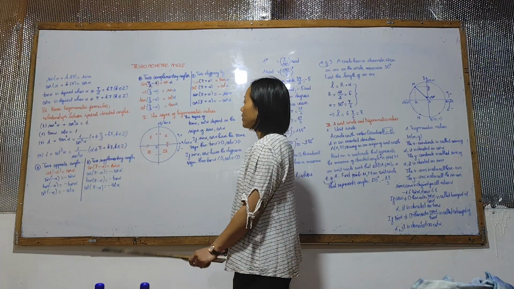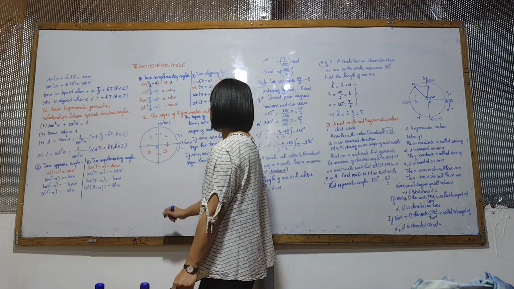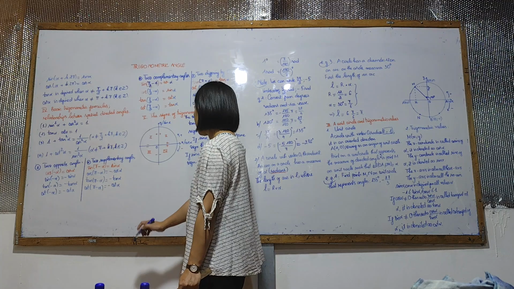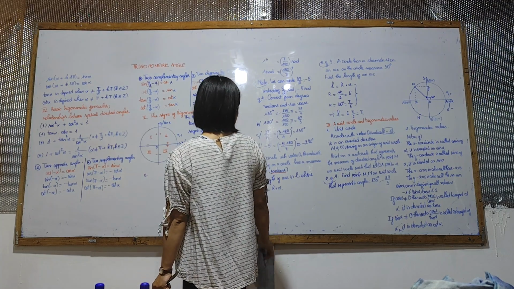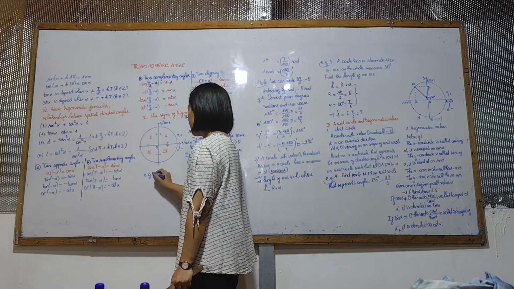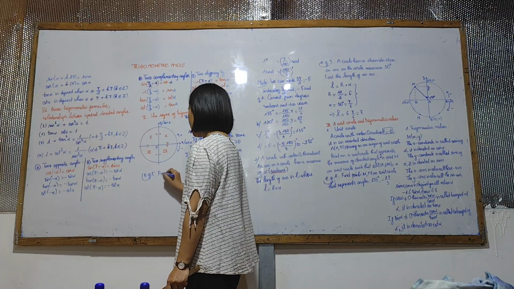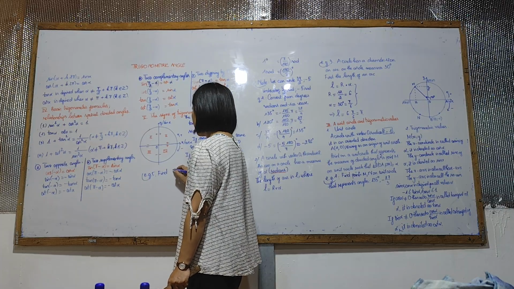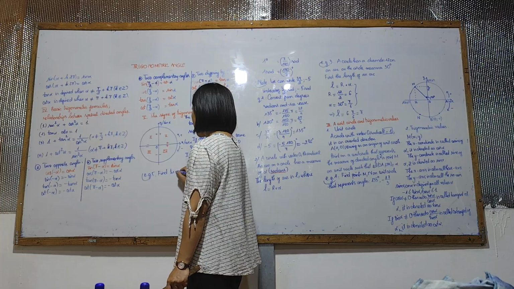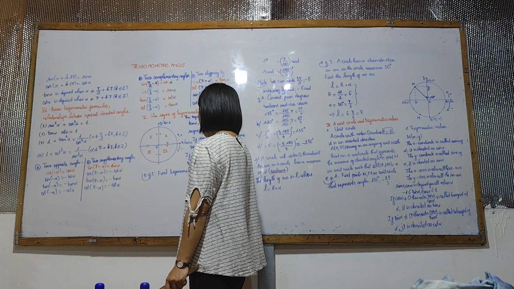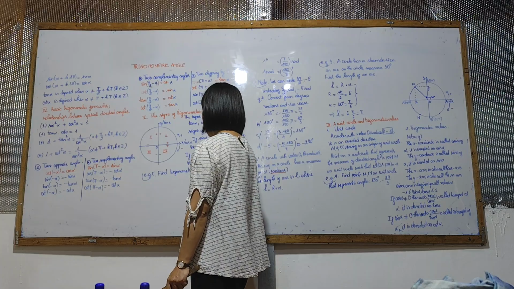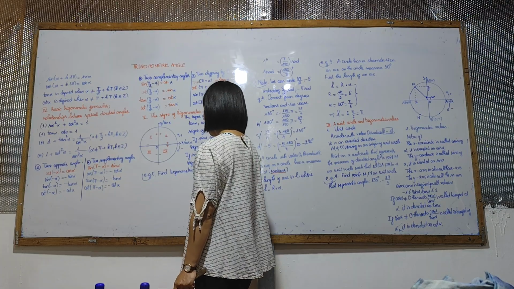Okay, and we will have example 5. Find trigonometric values of alpha.